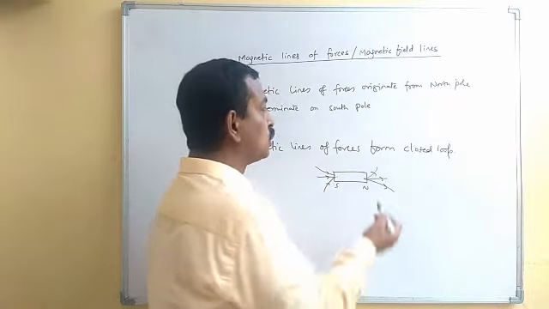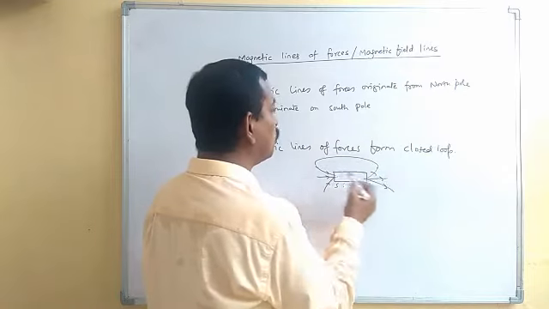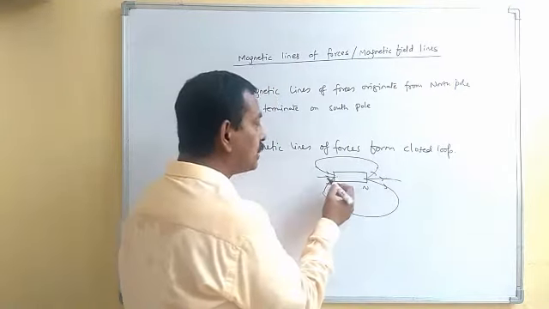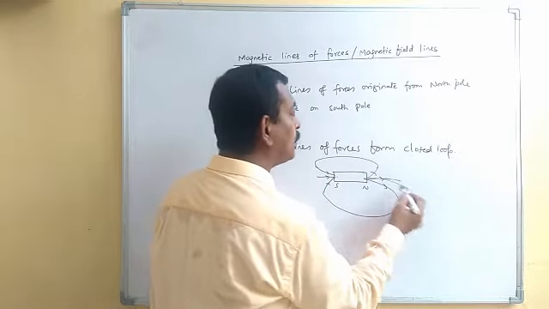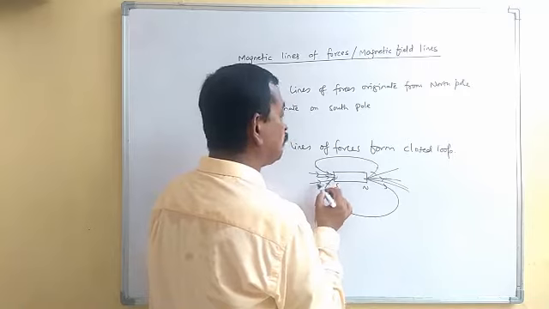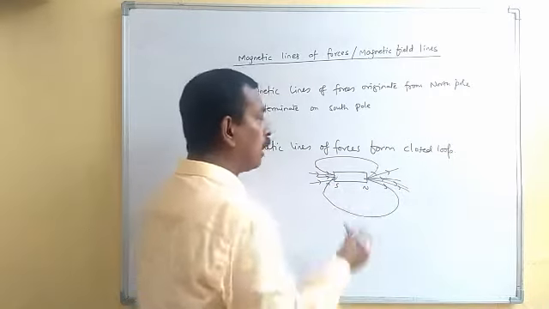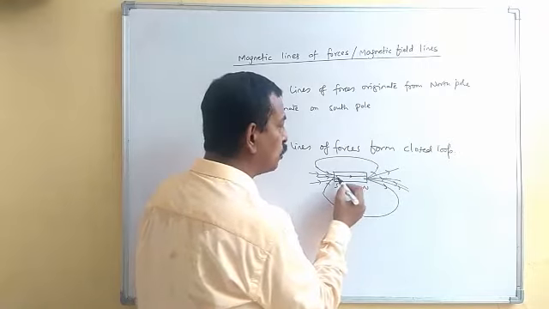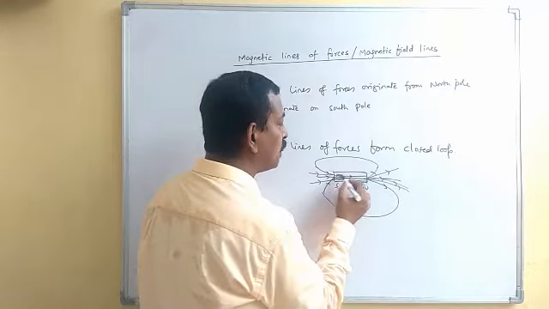So they are basically moving like this, and at the same time we have the other lines of forces also there, but inside they move from the south pole to the north pole in the magnet.